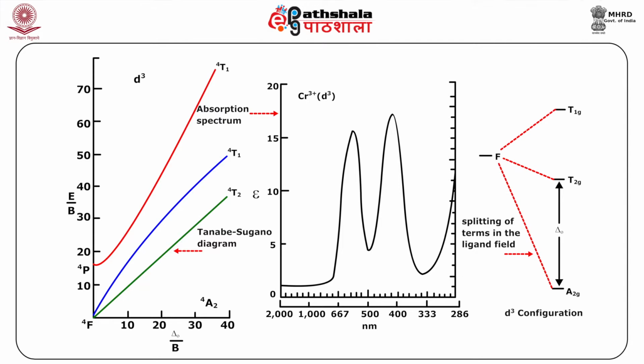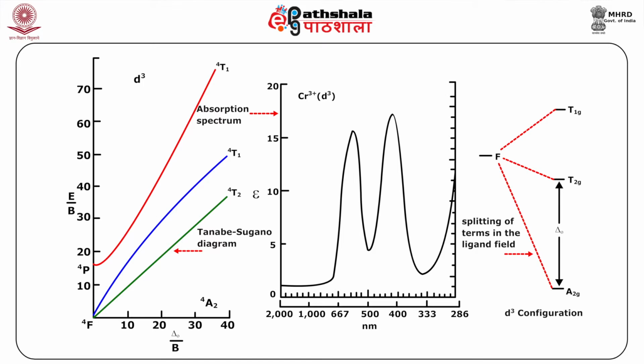The ground state has F as the lowest energy term, which in the presence of the ligand field splits into A2g, T2g and T1g. The difference between the two lowest energy terms corresponds to the value of delta naught. Therefore, in order to find the value of delta naught, we simply have to determine the energy difference between the A2g and T2g states.